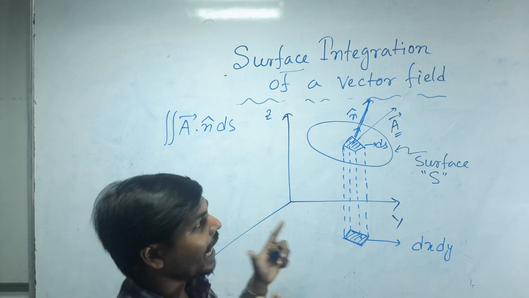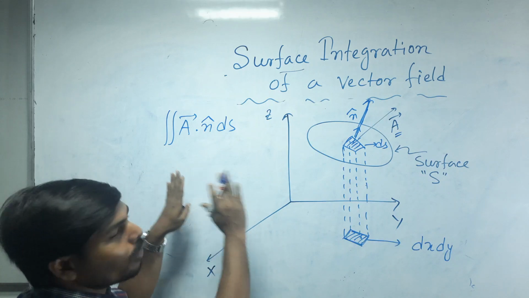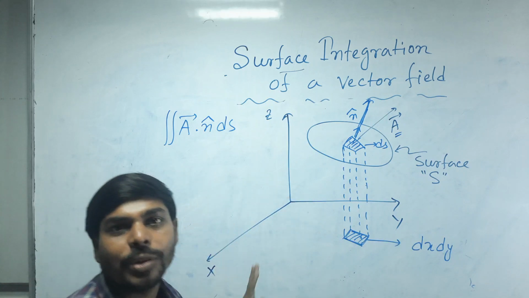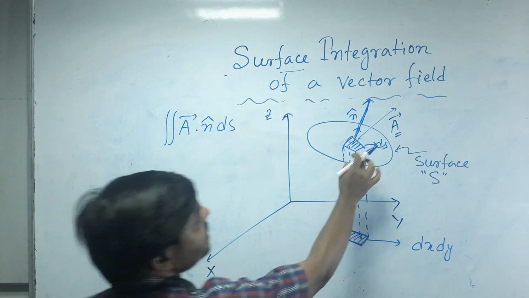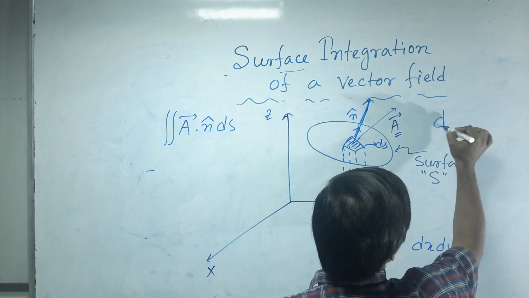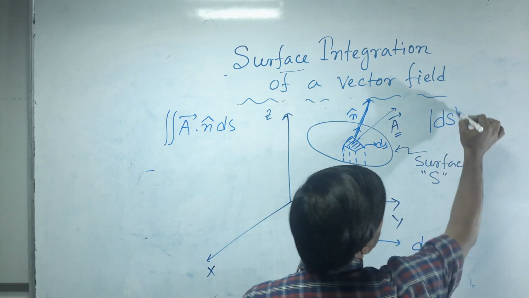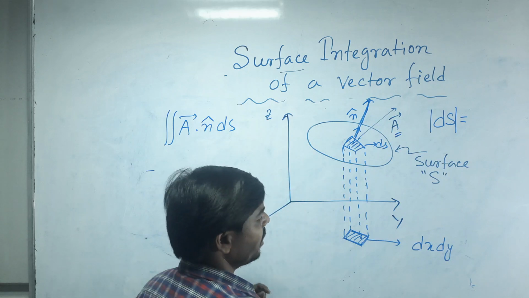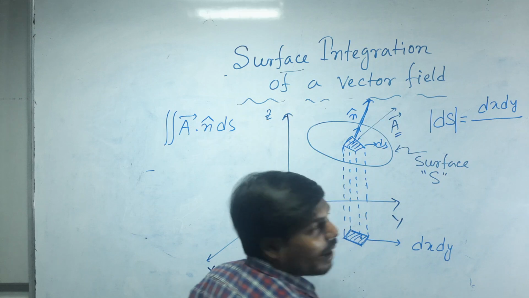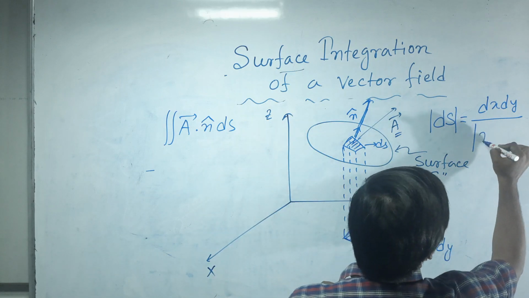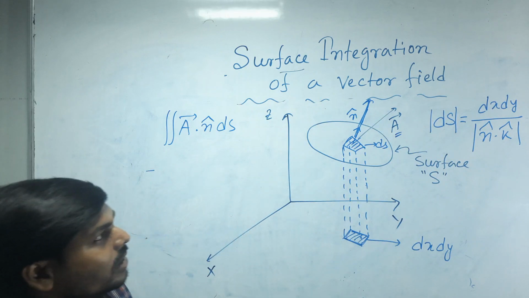I will not prove the working formula, but I will write it down directly and explain each term here. So the magnitude of this dS is equivalent to dx dy divided by n cap dot k cap.